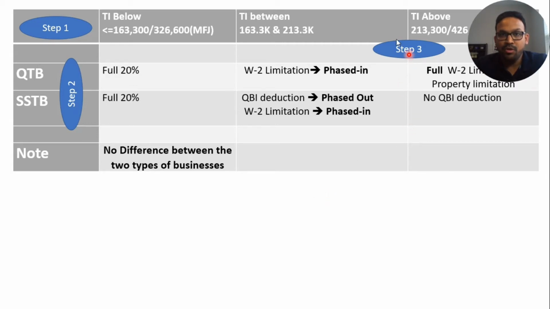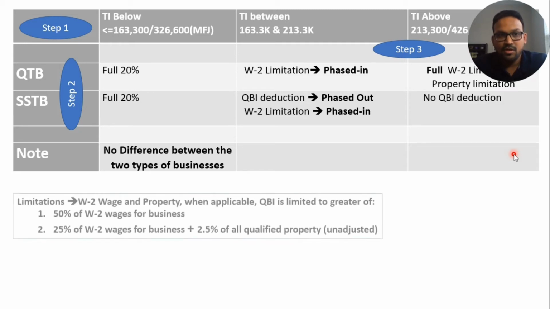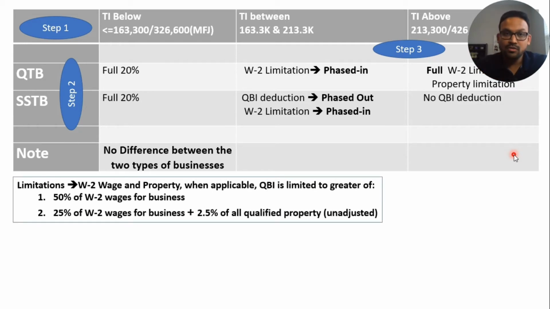If you are in between these last two categories of income, then step three will be applicable, where you have to limit your deduction considering the W-2 wages of your business or businesses, and the property of your business or businesses. So what are those limitations?